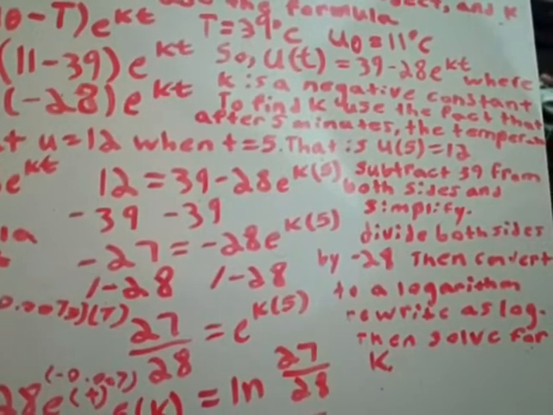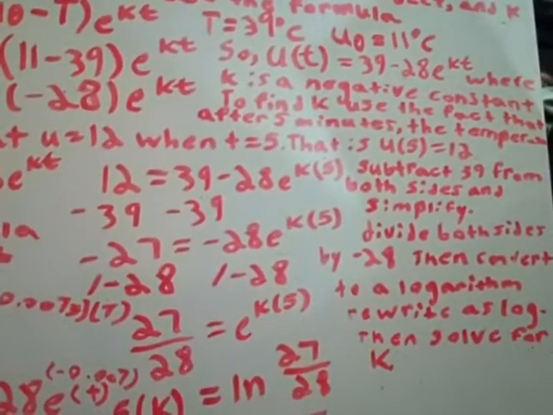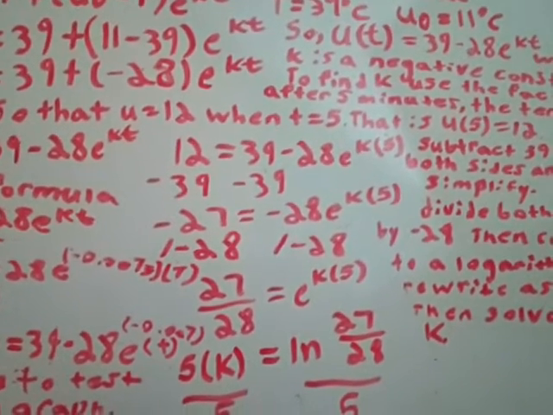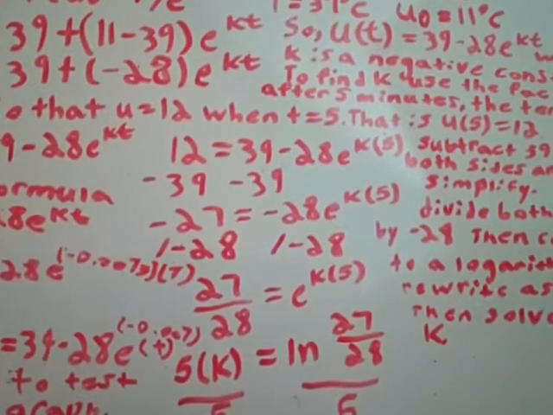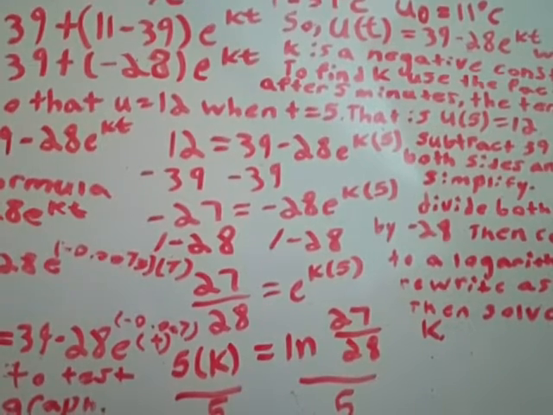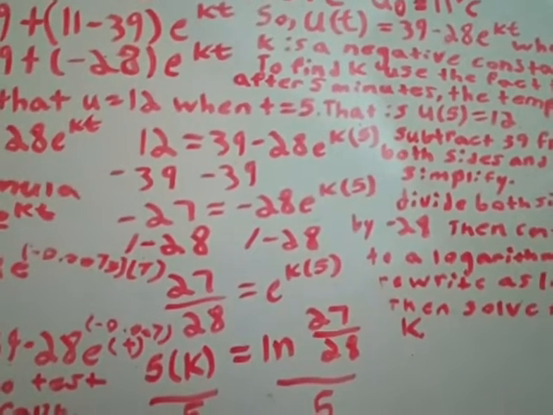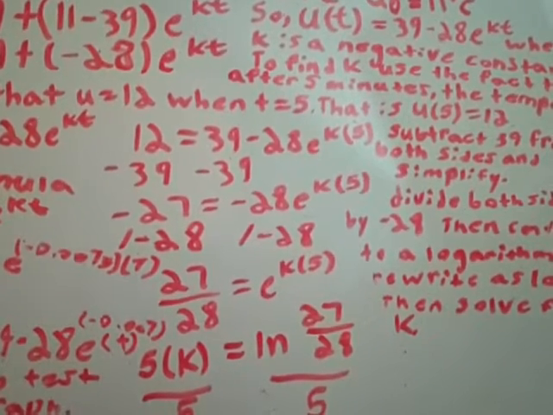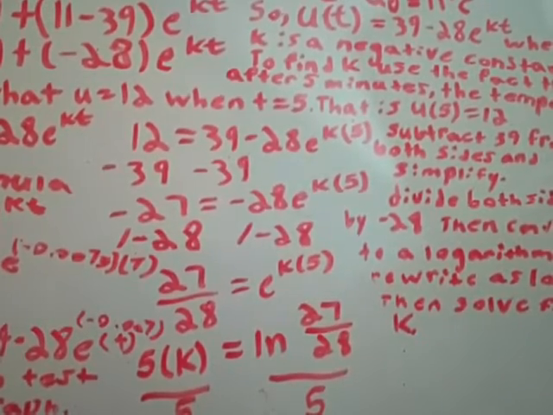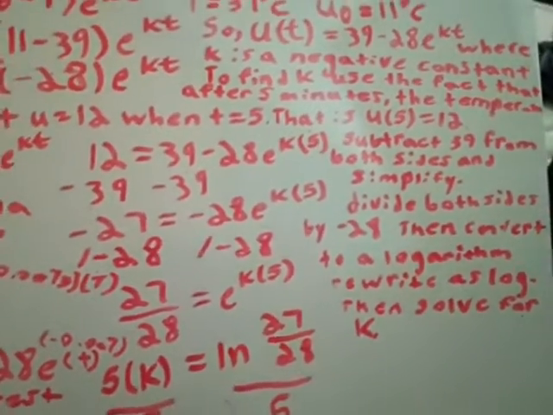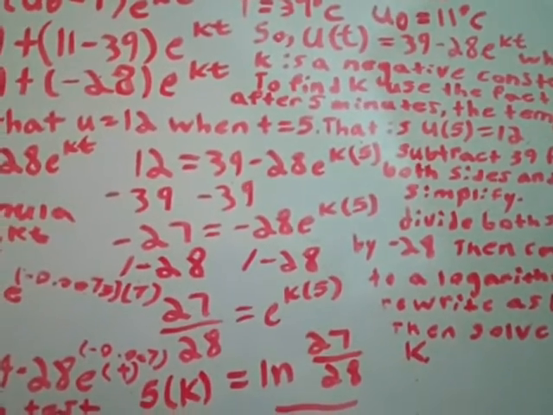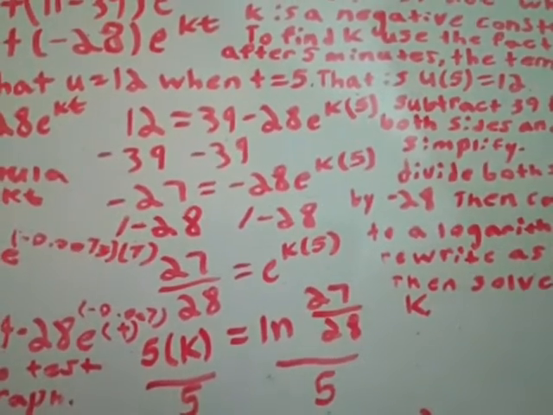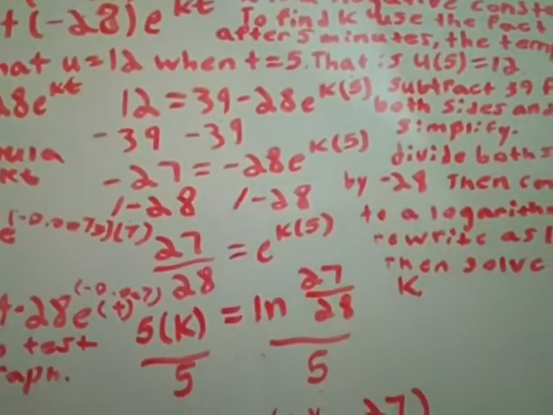Now I divide both sides by negative 28 to isolate k. Negative 27 divided by negative 28 is positive 27/28, and on the other side I'm left with e raised to the 5k power. So now I have 27/28 equals e raised to the k times 5 power.